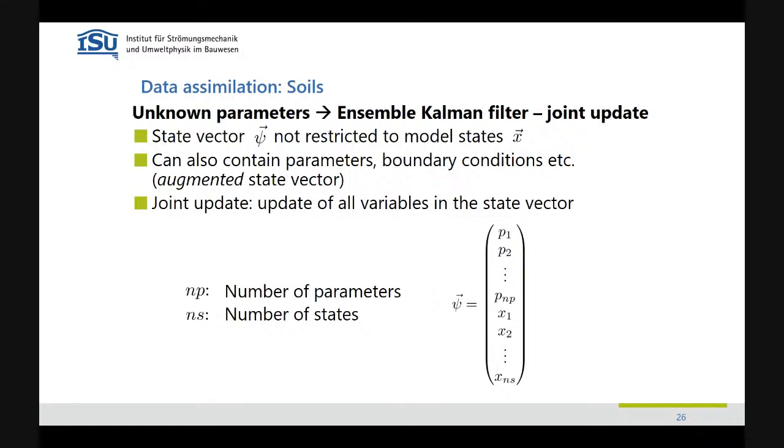I could also have boundary conditions in there, but the model parameters are interesting for us. So I could keep them also in the state vector and update them with the observations. And in this way, maybe hope that given the observations, I improve my model parameters on the fly, so to say. So I could do this.